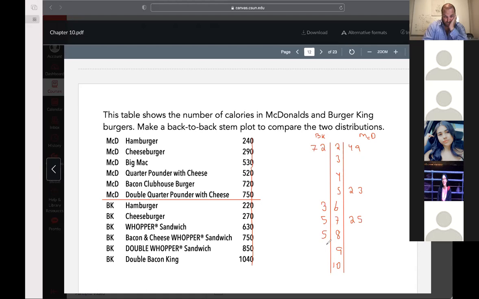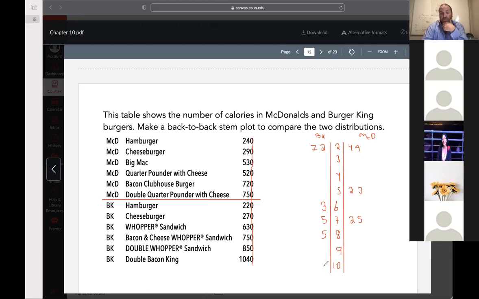And after the 10, you would put just a 4, because remember, there's only one data point here. If I had 2 numbers here, that would be 2 different data points. So 104, meaning 1040. Make sense?